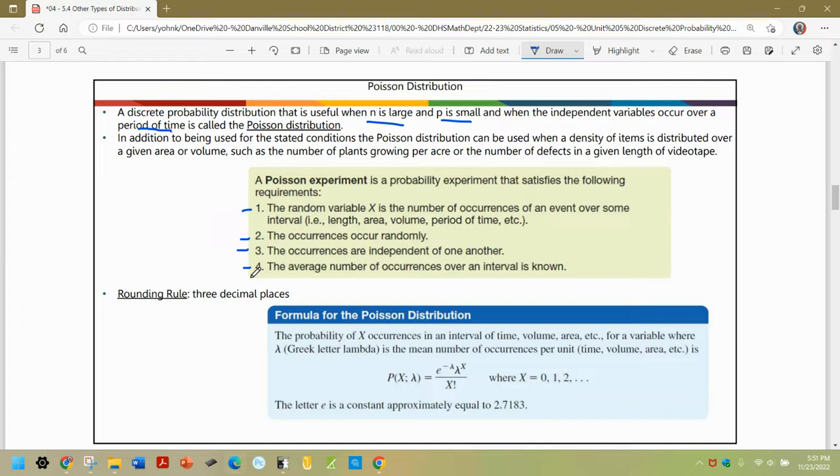So I have to already know how many defects are going to be in this 10-foot piece of ribbon on average before I can find the probability of finding that many. The rounding rule is 3 decimals, just like the previous problems we did with probability. The formulas for the Poisson distribution are in this blue box here.